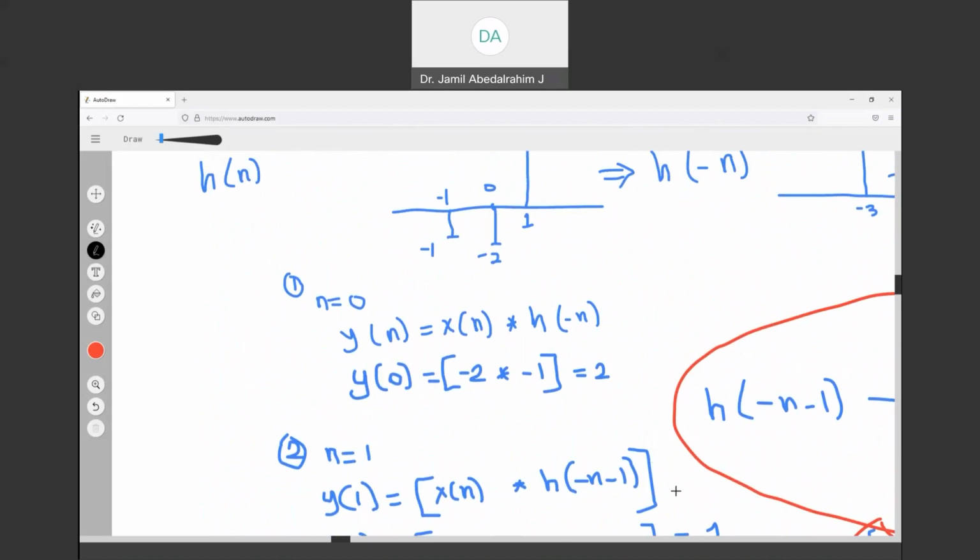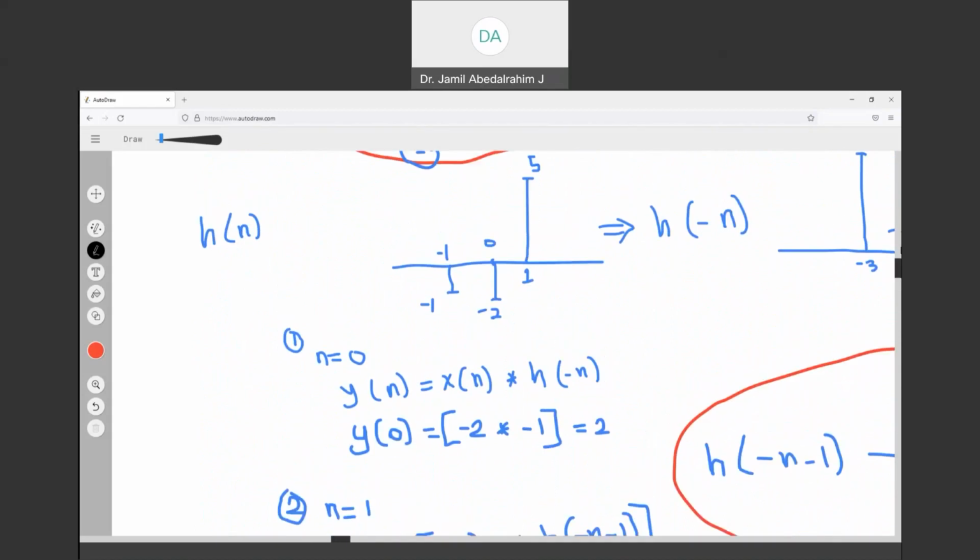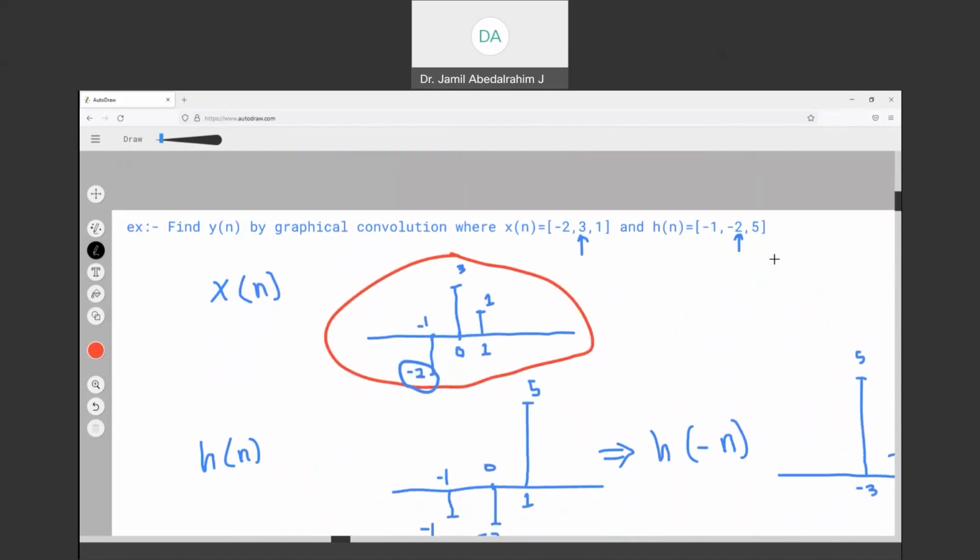Now, let's refer to the given question. In the given question, x of n has 3 numbers, and h of n also has 3 numbers. So total 6. 6 minus 1 equals 5. After finding 5 results, we will stop.